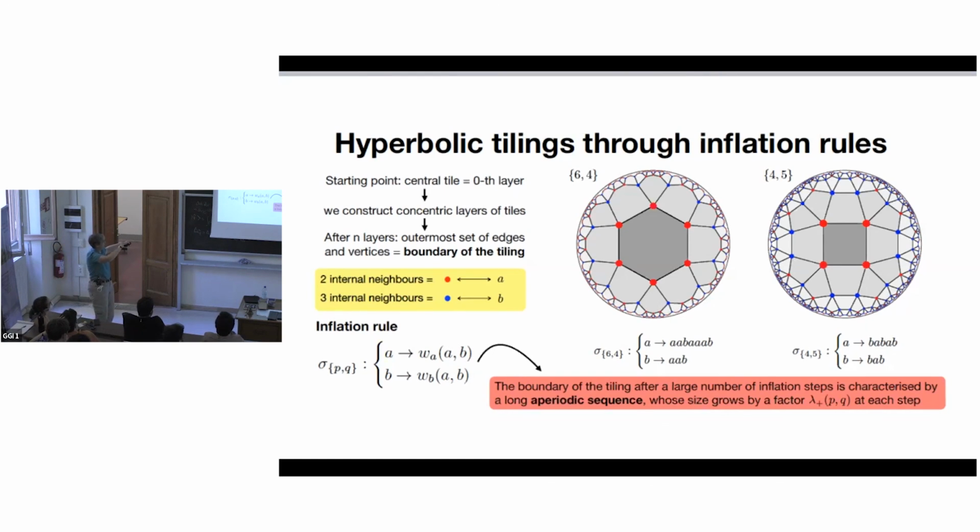Then if you inflate and go to the next layer and the next layer, you have to replace these letters by a sequence of letters. In view of the time, let me not talk you through exactly how this all works. Here it's a bit simpler to see. A is the red dot, and then, if I'm not mistaken, in the next line you have a blue, a red, a blue, a red, a blue that are connected to this. That gives you this B, A, B, A, B.